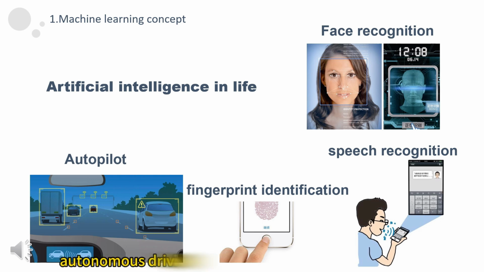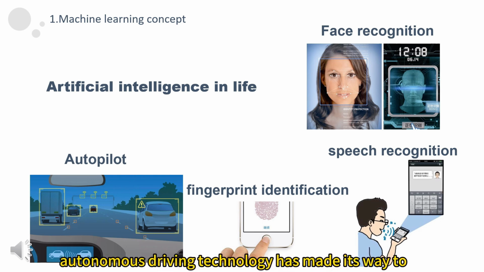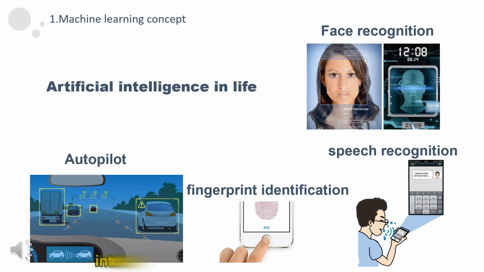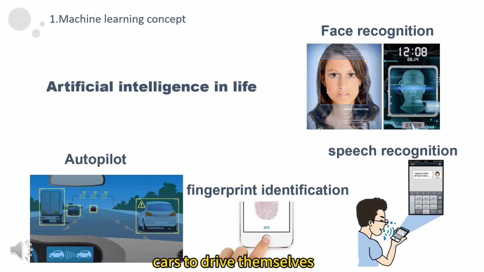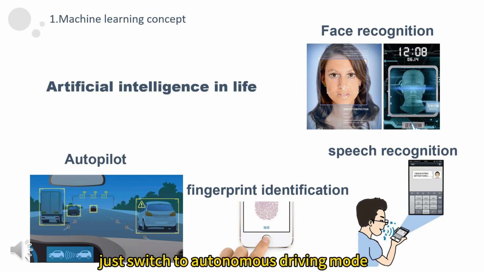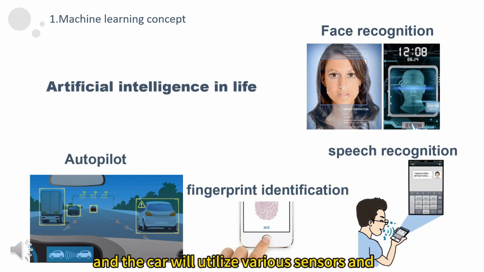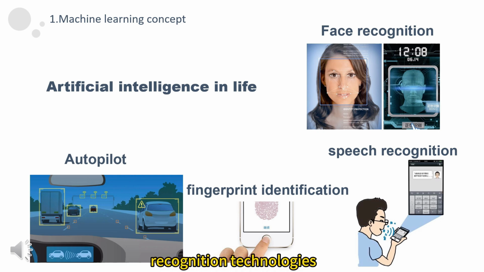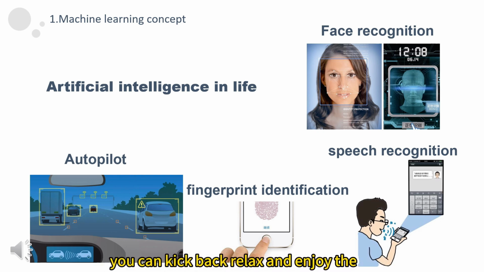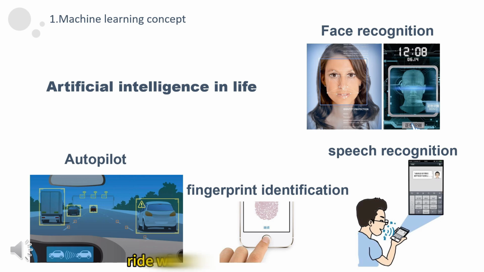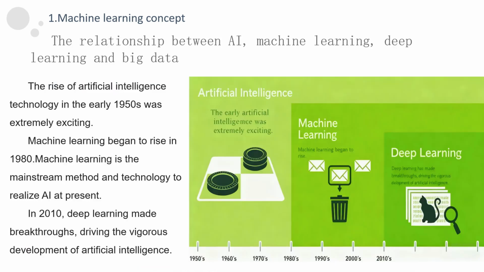Lastly, autonomous driving technology has made its way into the automotive industry, allowing cars to drive themselves. Just switch to autonomous driving mode, and the car will utilize various sensors and recognition technologies to perceive its surroundings and navigate on its own. You can kick back, relax, and enjoy the ride without worrying about the steering or braking.